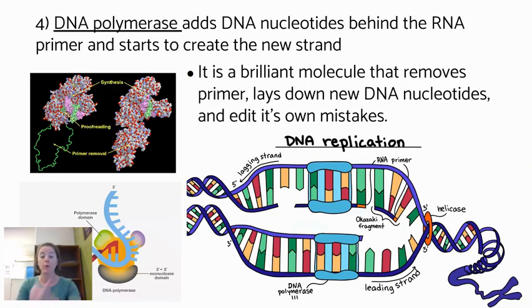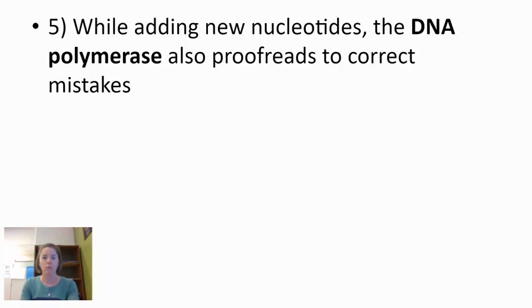It will both remove the primer, synthesize new DNA, and then edit itself to make sure that it doesn't make any mistakes. So it's doing this unbelievable, amazing job going through and just making sure that absolutely everything is proper and newly constructed so that you have 2 new pieces of DNA used later for a variety of things that we'll talk about. So those guys are doing a lot of work here, polymerase.